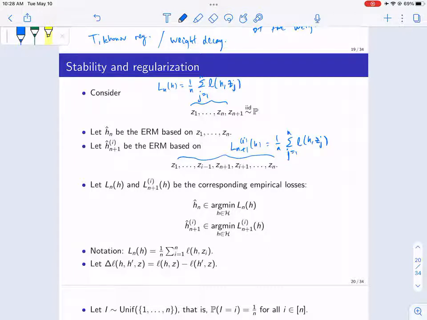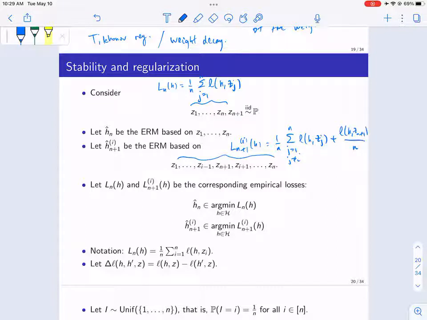All right, so I minimize this loss, and the solution I'm going to call h hat n plus 1, i. Minimizing the other empirical loss, I get h hat n. The only difference between them is that the loss function is changed at the ith point: it's the sum over j from 1 to n, j not equal to i, plus L(h, z_{n+1}) over n.